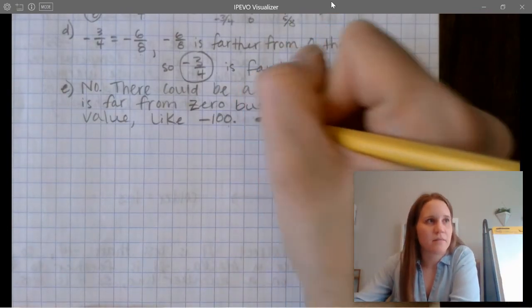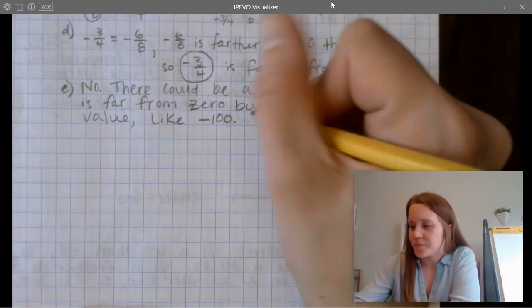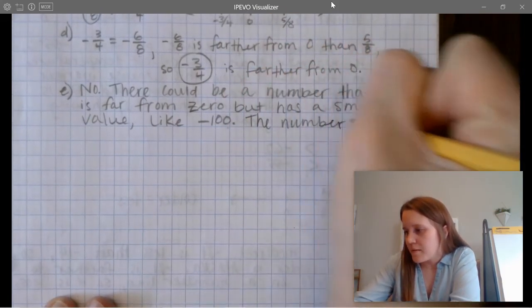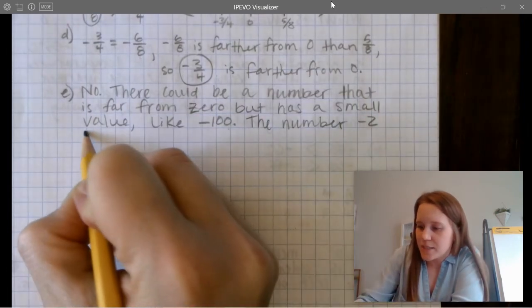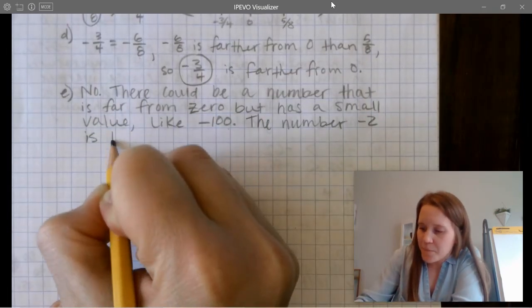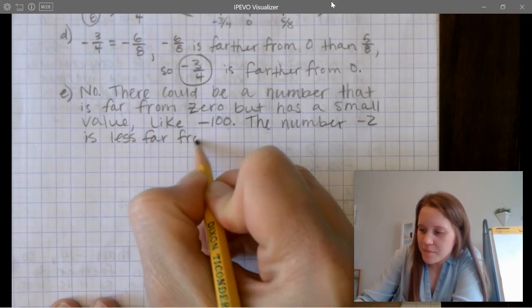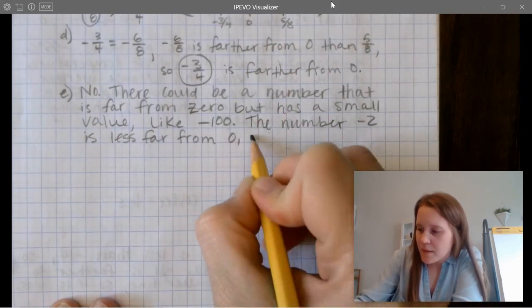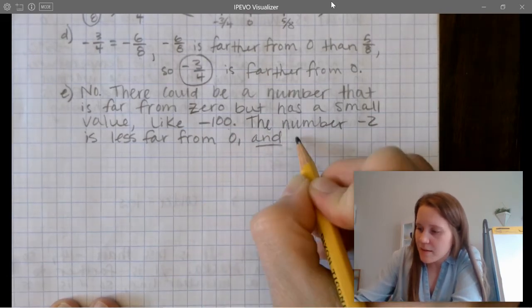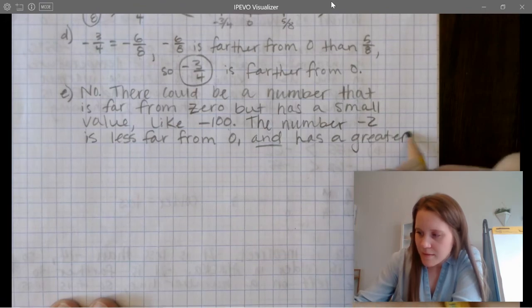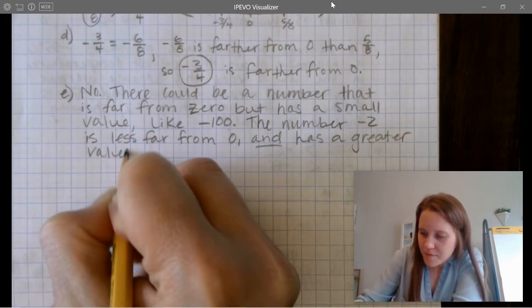Like the number negative 2. The number negative 2 is less far from 0 and has a greater value.